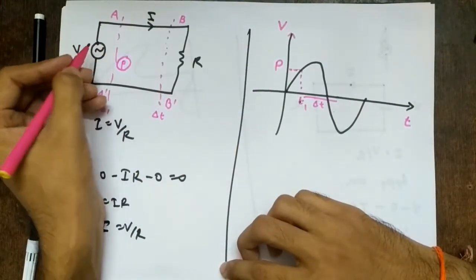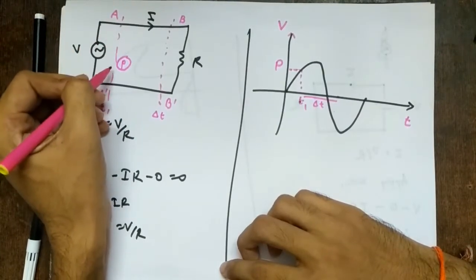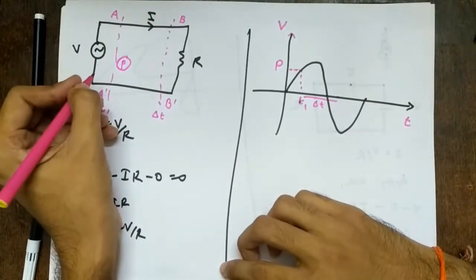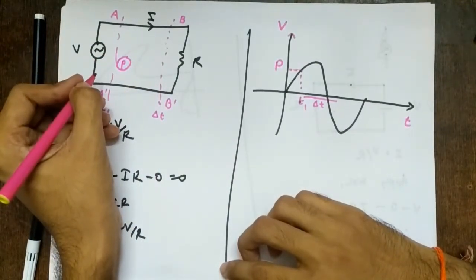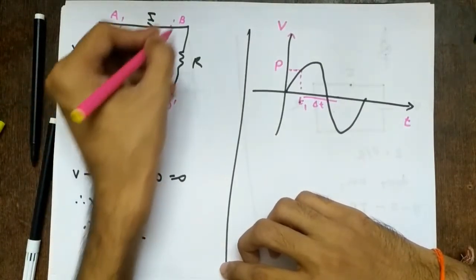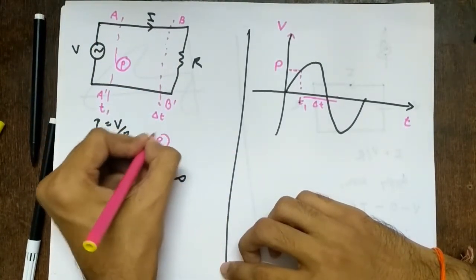So the voltage at AA prime requires some finite time to travel from AA prime to BB prime. When the voltage from AA prime reaches BB prime, I will get the value as P volts, right?